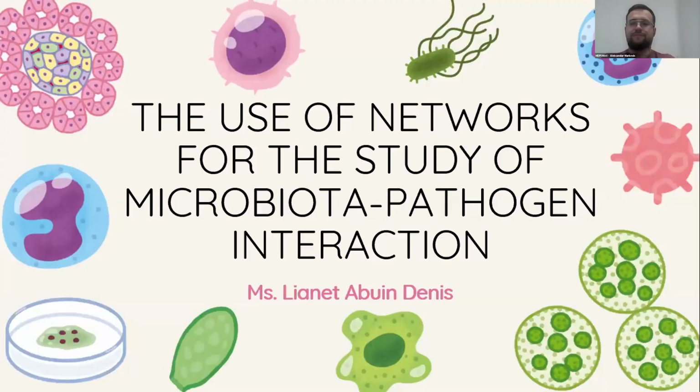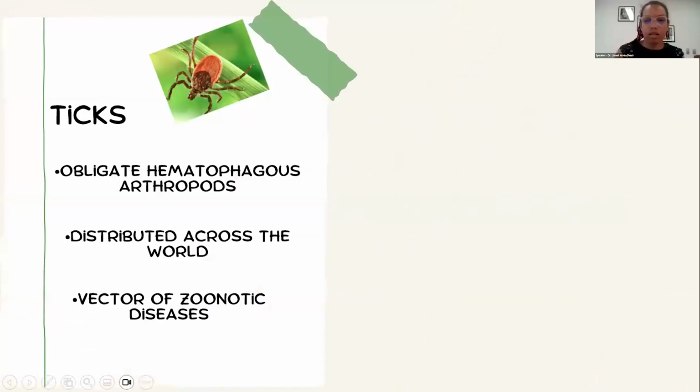Thanks a lot. Hello to everyone. Today I would like to share with you how to use the network as a tool for the study of microbiota and pathogen interactions. We know that ticks are blood-feeding arthropods that transmit several pathogens to humans and animals globally.